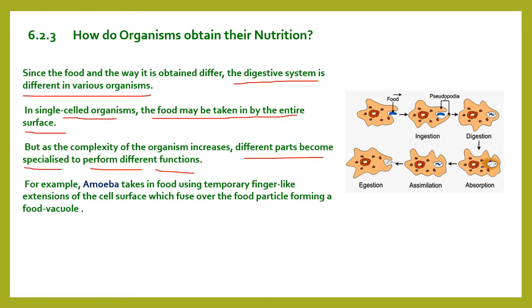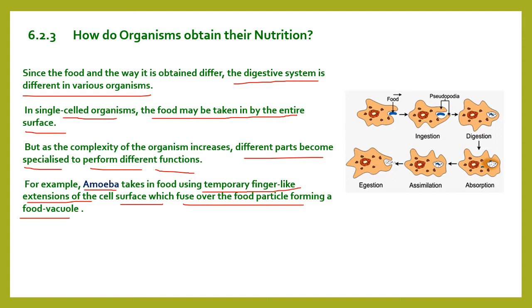फॉर एग्जाम्पल amoeba, that is a unicellular living organism that takes in the food using temporary finger-like extension to the cell surface which fuse over the food particles forming a food vacuole.